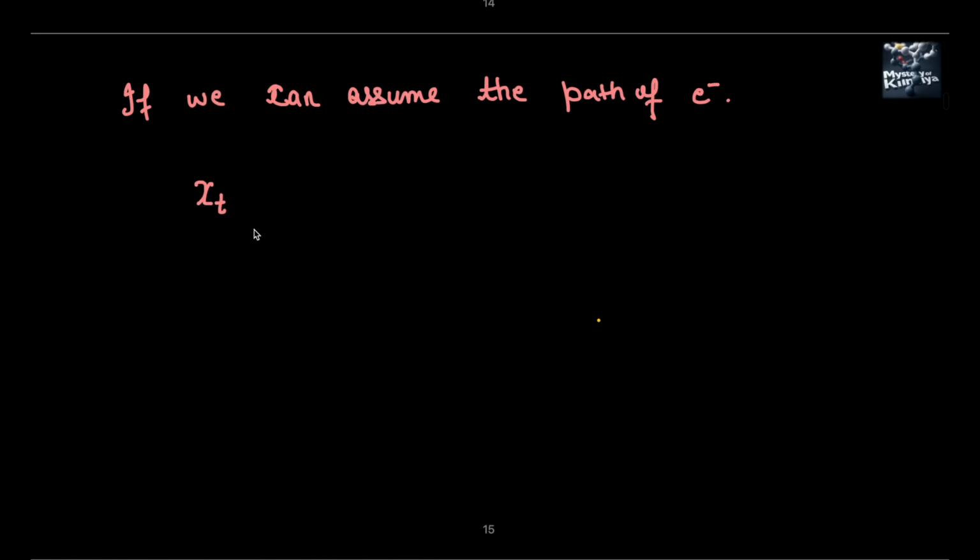Suppose this is the equation which the electron would follow. This equation is associated with a particular path, and if we can find this equation and the position after a particular time, we can find the velocity.